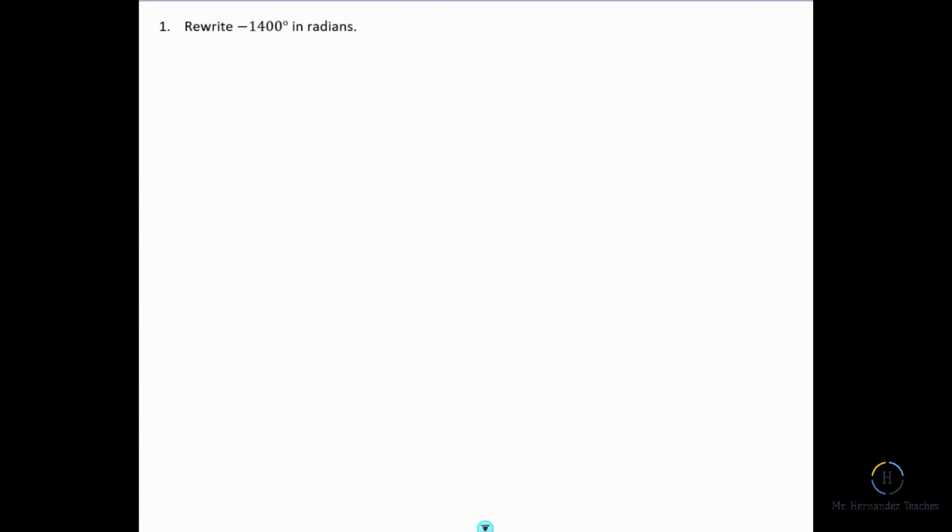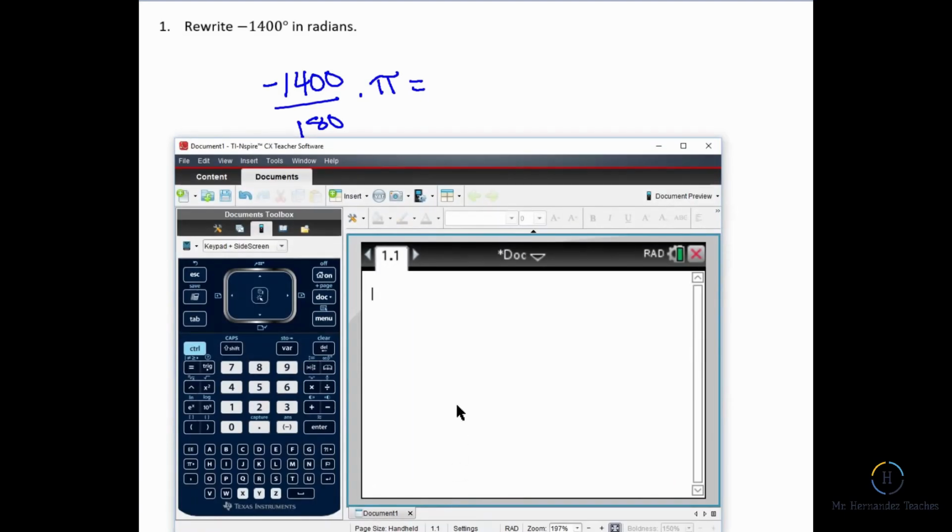So first thing we need to do is rewrite negative 1400 degrees into radians. Remember to do that, we're going to take negative 1400, divide that by 180, simplify that fraction, and then just multiply by pi, keeping that in exact answers in terms of pi.